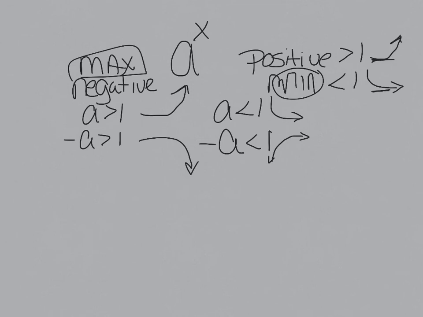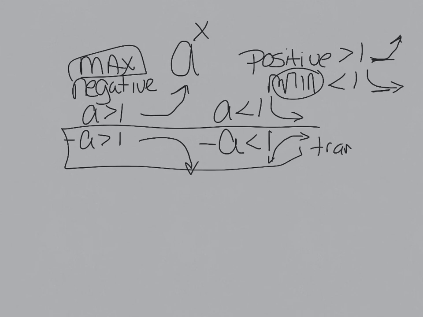As far as growth and decay, if it's greater than 1, it's growth. If it's less than 1, it's decay. When you do these negatives, these are called transformations, and we'll deal some more with transformations later. But I didn't want you to get confused about greater than 1 and less than 1, growth and decay.